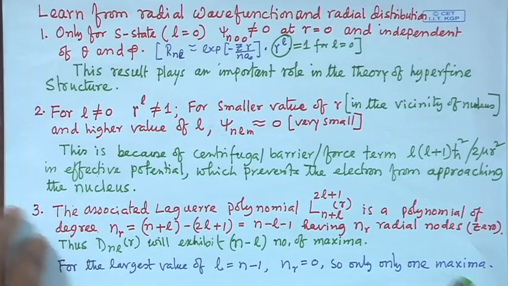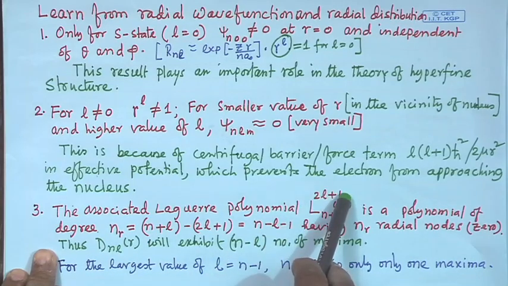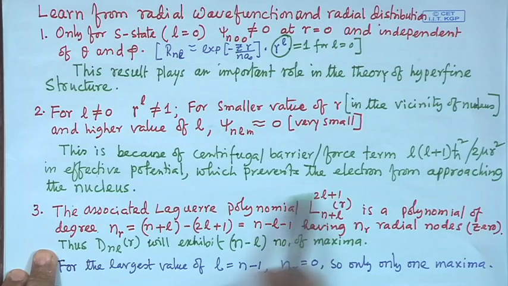And then another information we got is that the associated Laguerre polynomial is a polynomial of degree n r, where n r is basically n plus L minus 2L minus 1 plus 1, which equals n minus L minus 1.